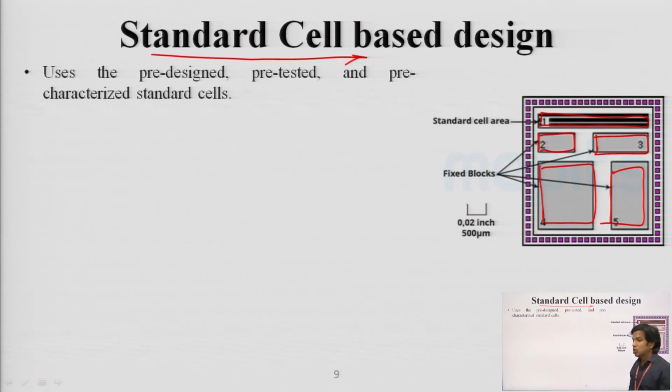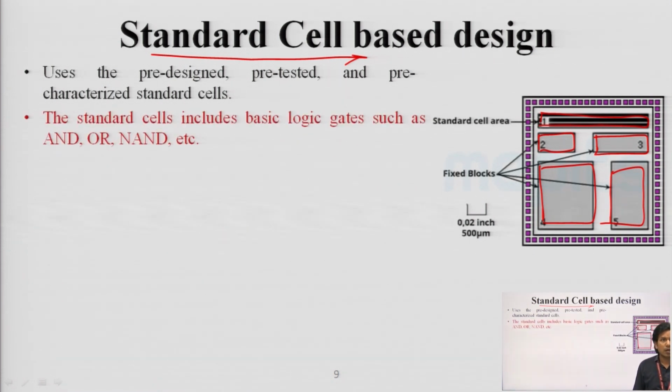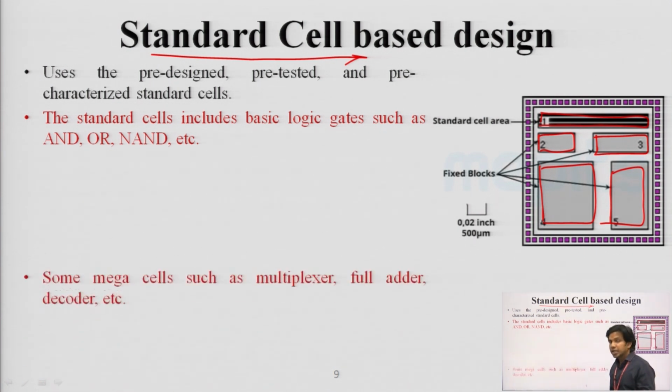That is why it is called standard cell based design, and these pre-designed cells are stored in the standard library. These standard cells include different kinds of logic blocks like AND gate, OR gate, NAND gate or NOR gate. So, different kinds of logic functionality are pre-designed inside the standard library.